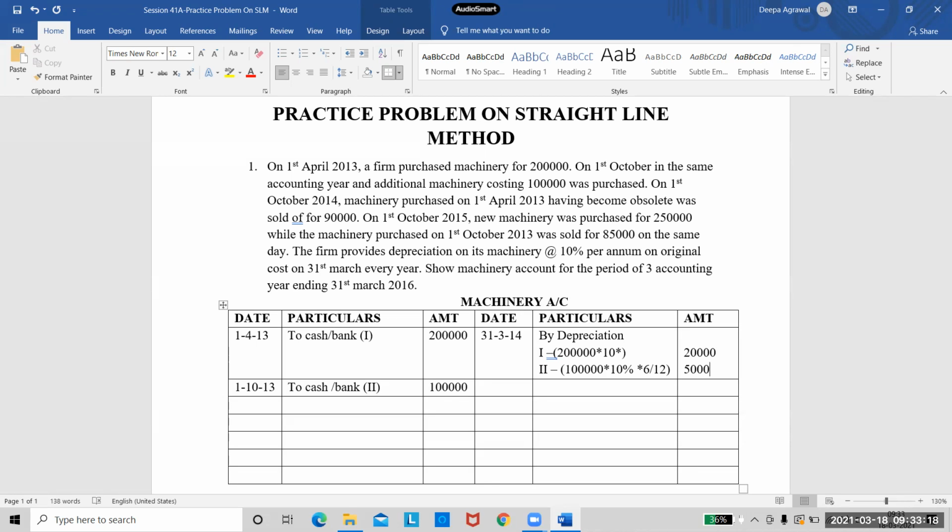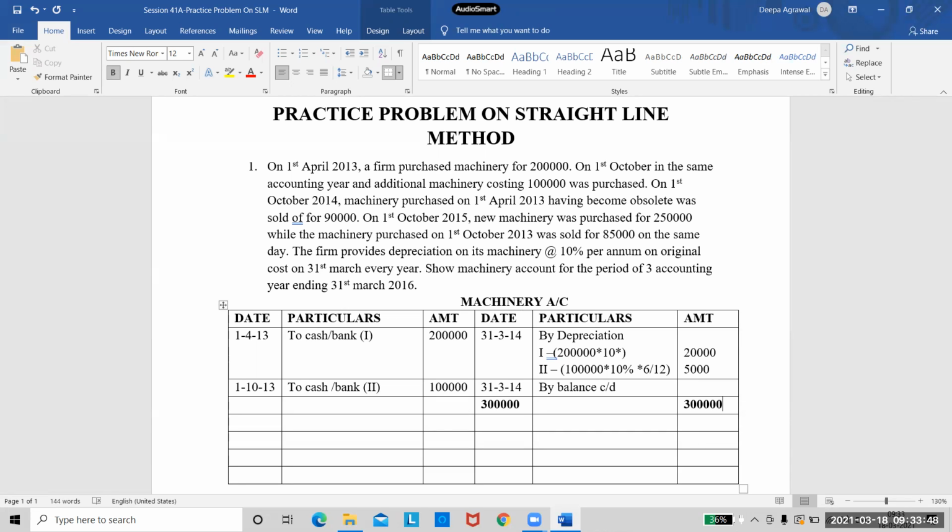So have you put the depreciation for the first year? Done. We are not doing anything else in the first year, so we need to balance the account. So 31st March 2014, write the entry as by balance carried down, C by D. So before writing the balance, first let us put the totals. Debit side total is 3 lakhs. So credit side also I should put 3 lakhs.